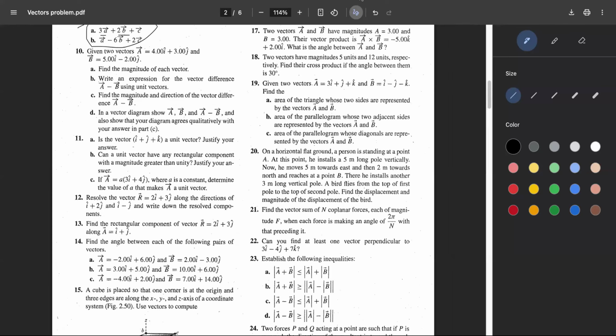Out of 10 to 15, look at the problems. Okay, let me know which problem I should solve next.